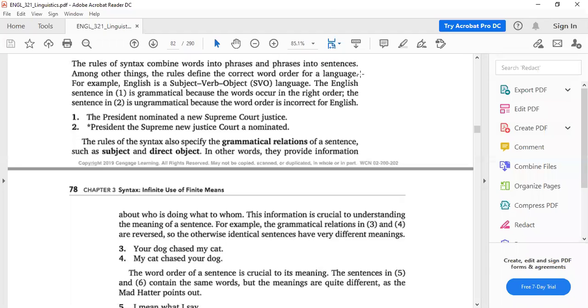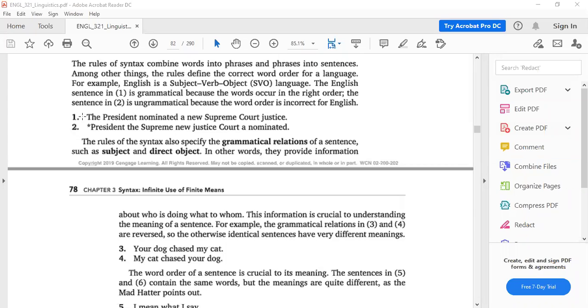So if I ask you why 1 is grammatical and 2 is ungrammatical, the answer should be that sentence 1 follows the correct word order of English. We have the president as subject, nominated as a verb, and the new Supreme Court justice as the direct object.